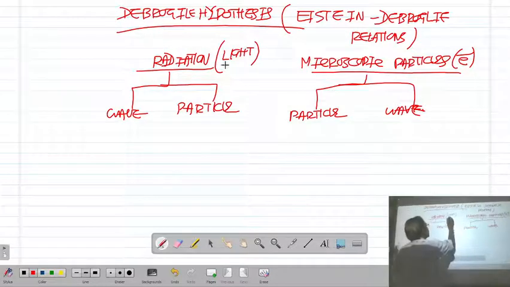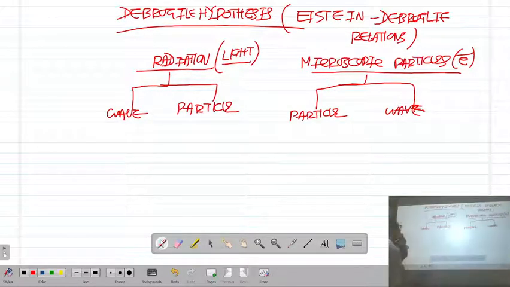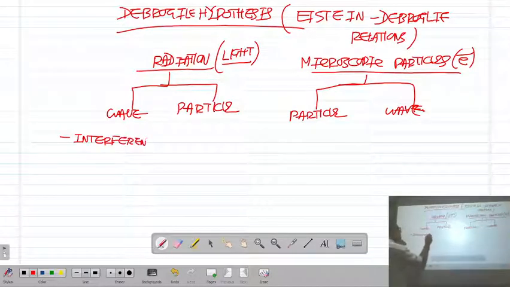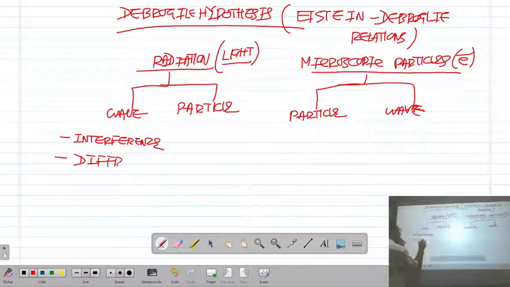If I consider the example of light, do you know in which experiments light behaves as a wave? In interference, diffraction, and polarization.